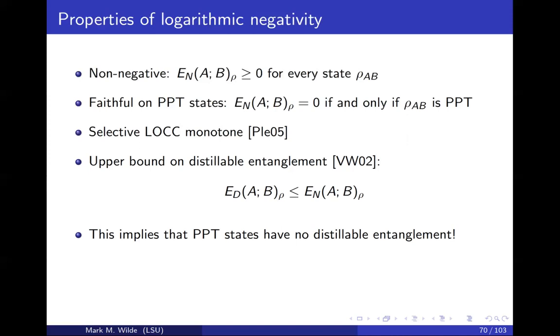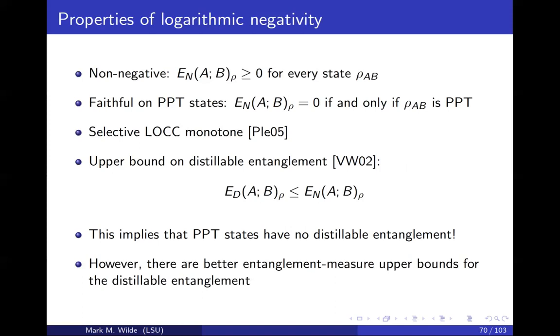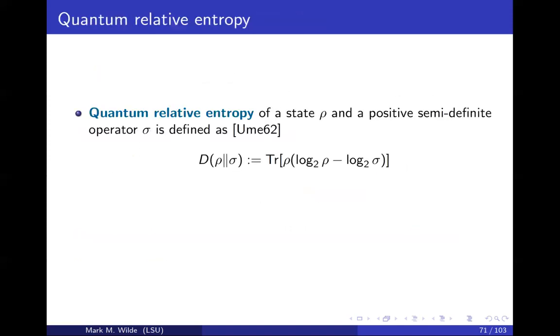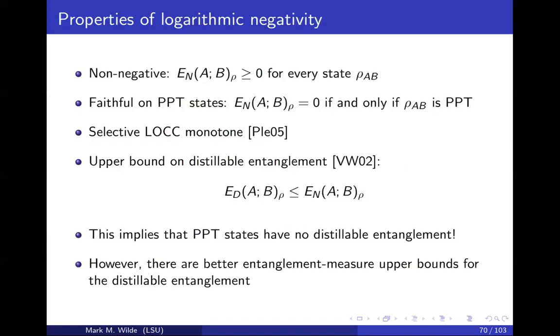And you'll essentially have 0 rates at which you could do quantum teleportation using these states. So they're not going to be useful for long-term teleportation. Okay, so we said that there are better entanglement measures, and let's get into those now.